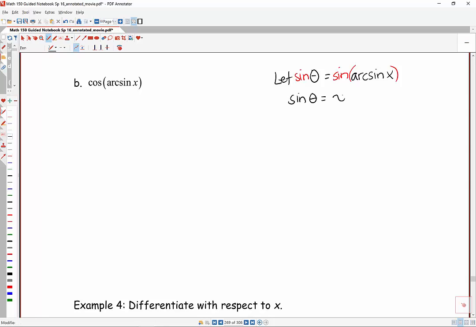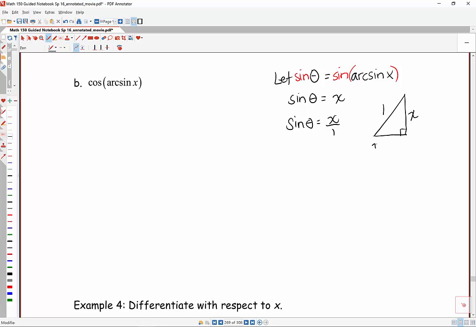So making our right triangle, the sine function is the side opposite over the hypotenuse. Using the Pythagorean theorem, we get the square root of 1 minus x squared.